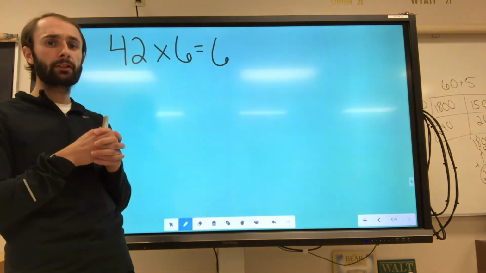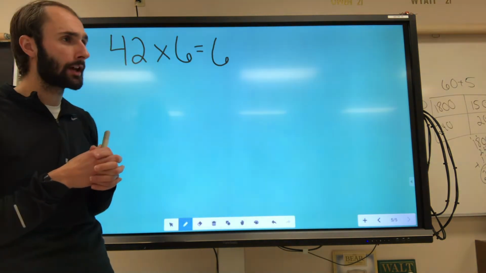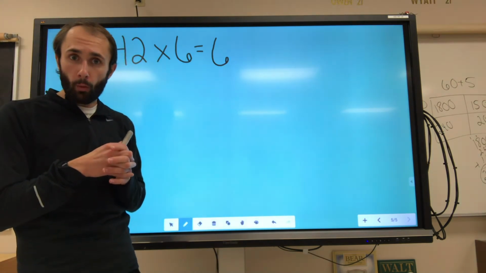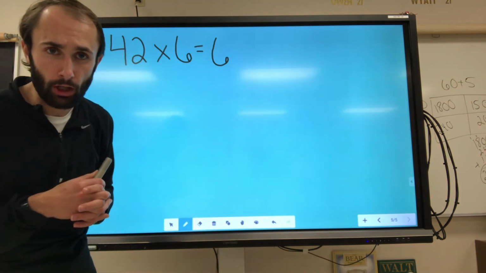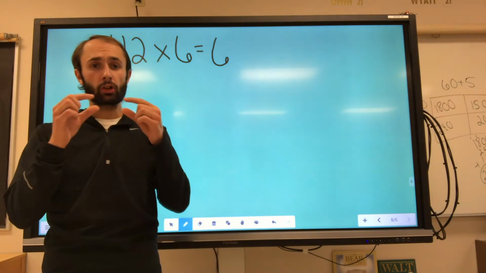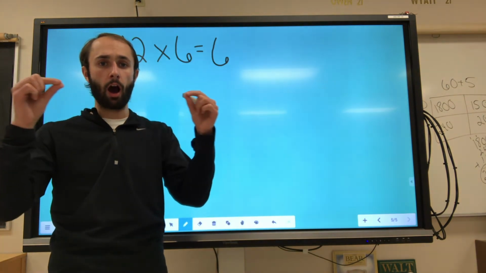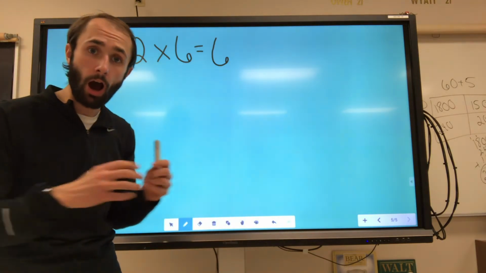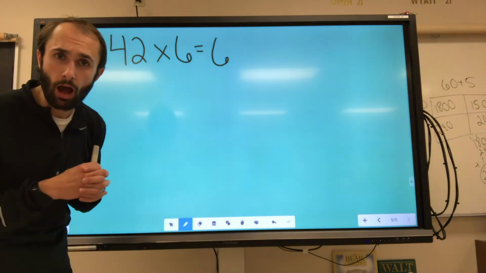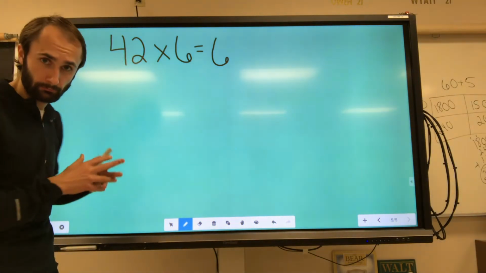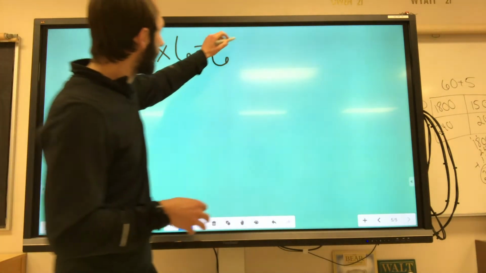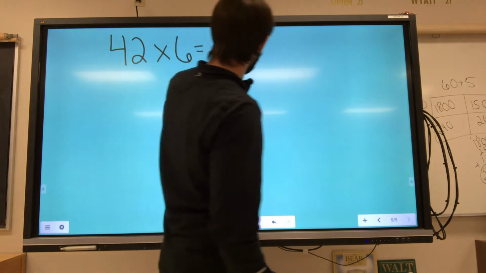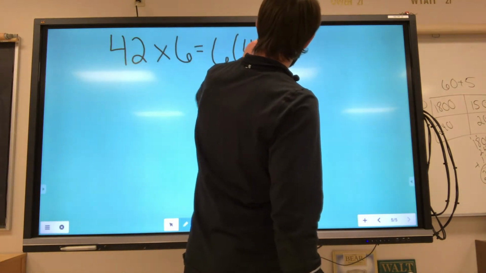You may ask yourselves and get out the dictionary and say, what is the definition of expanded? Well, let me put a visual in your head for you. When you take a Tootsie Roll and you want to see how long it can get and you expand it out, pull it apart. That is what expanding means, to break apart. 6 times 42 broken apart is 6 times 40 plus 2.